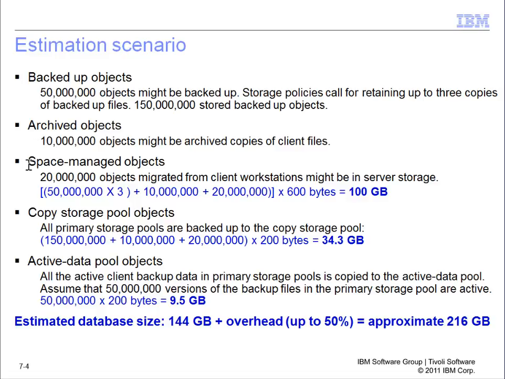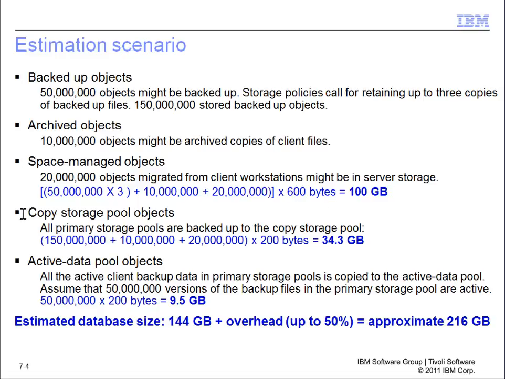For space management, which we're not going into in this class, this is our HSM, would have 20 million objects migrated from client workstations. Doing the math, we have our 50 million times 3 for backed up objects, plus 10 million for archived objects, and 20 million for space managed objects, times 600 bytes per object, 100 gigabytes.